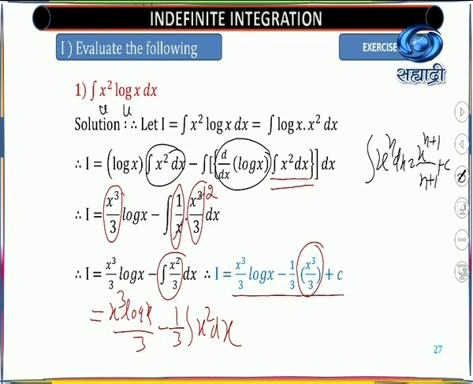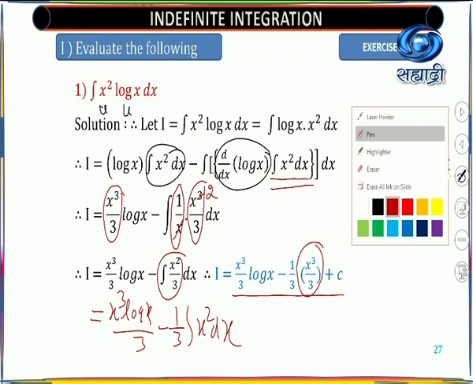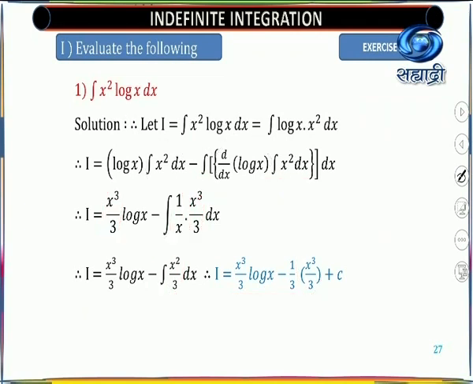So what is the value? Your value is nothing but x cube log x upon 3 minus 1 upon 3 times x cube upon 3 plus constant of integration. 3 into 3 is 9. So the final answer will be x cube upon 9, 3 log x minus 1 plus constant of integration.